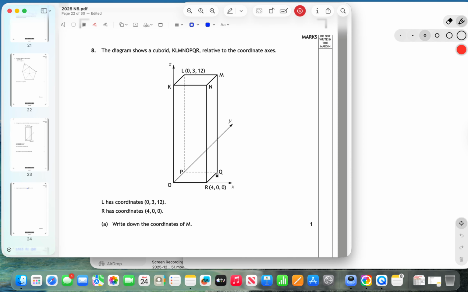If you have a look here though at the Q, now RQ is parallel to OP, but O to P goes along the y-axis, so the x coordinate doesn't change. The same idea happens with RQ. It goes along parallel to the y-axis, so the x coordinate doesn't change.